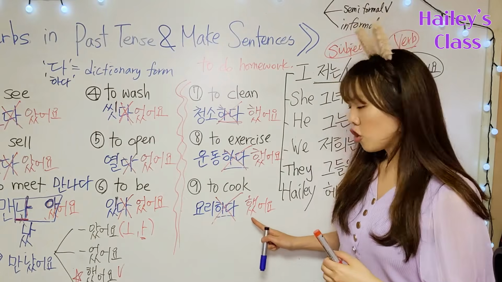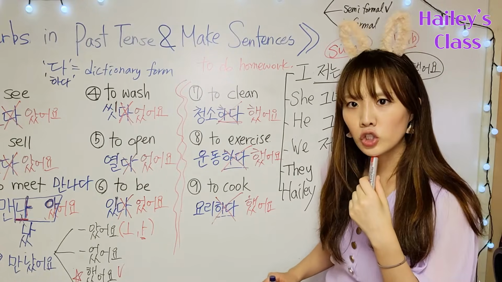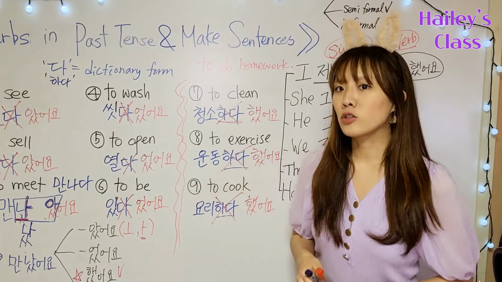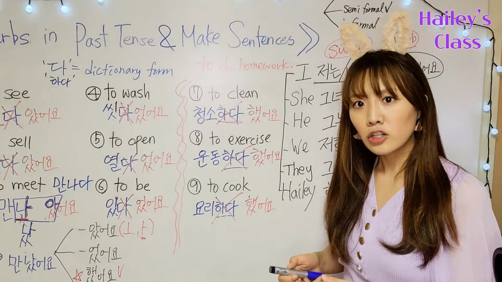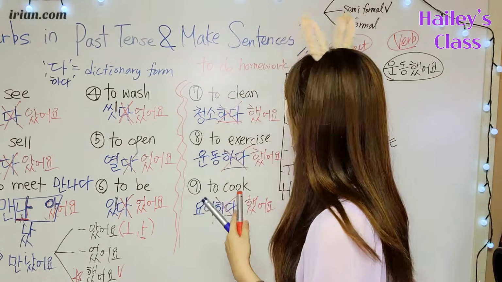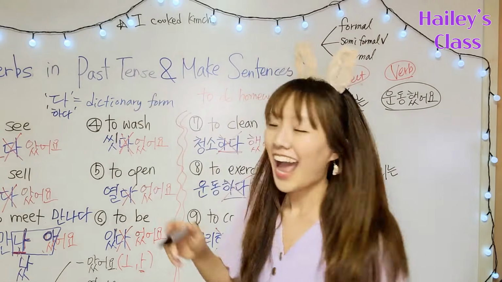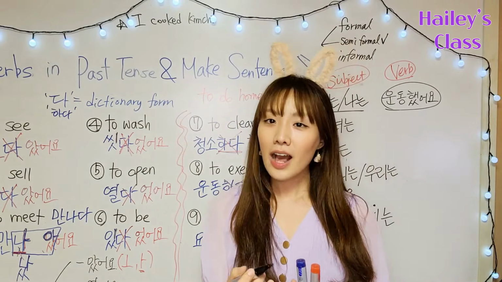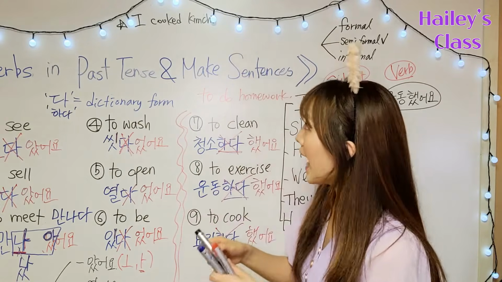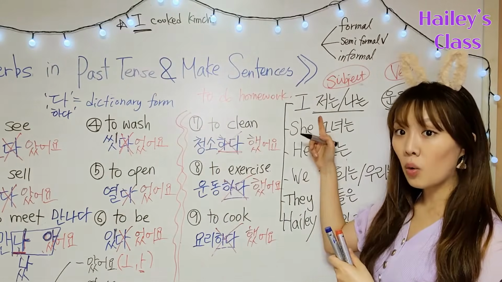I cooked, for example, I cooked kimchi. How can I say I cooked kimchi? So I'm going to write in here. Can you see that? I cooked kimchi. And then how can you say that? In Korea, we have to say I is 저는 or 나는.